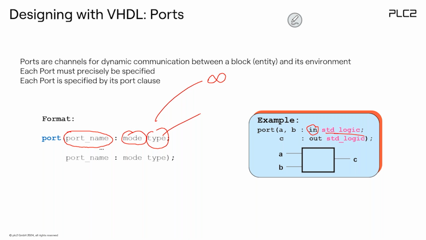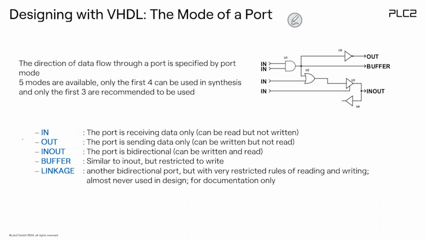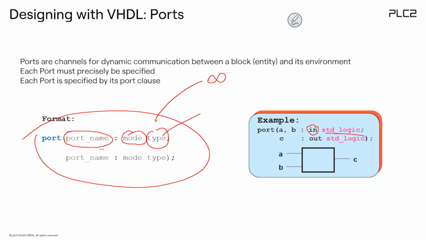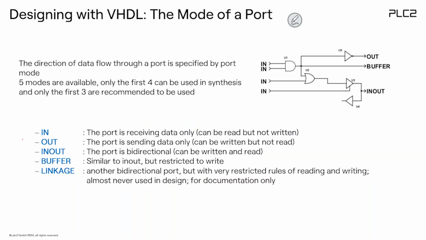So again, that's the definition of the port. You have to define the ports with the name, the mode, and the type. Let's talk about the mode. What is the mode? Input and output. Let's assume this is the entity ABC, whatever the name is. Now let's analyze the ports.